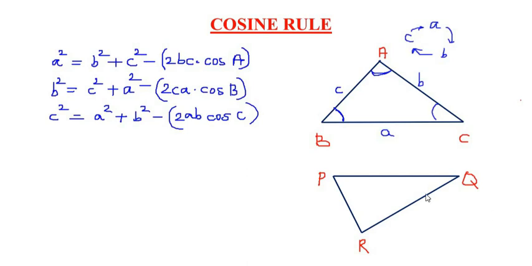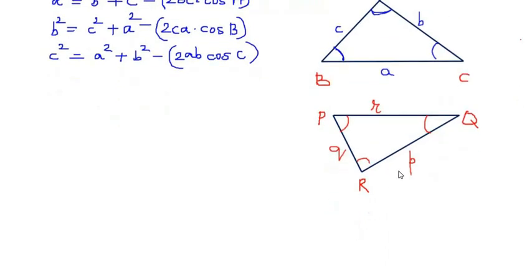Now let us look at this triangle PQR. First we are going to start by marking the opposite sides. So this is side P. For angle Q, this is side Q, and for angle R, this is side R. So if the side P is asked, we are going to write it as P squared equals.